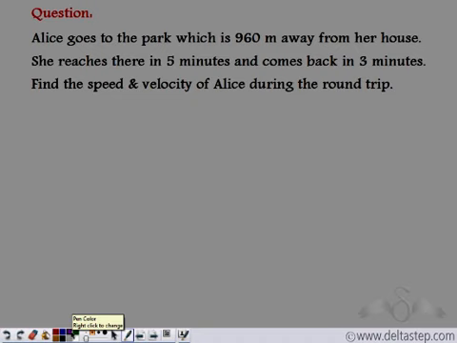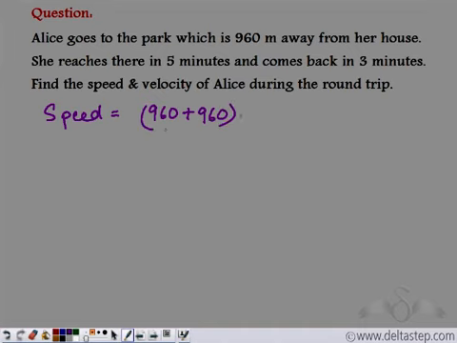Well, we know that speed is equal to distance by time. So distance traveled by Alice is 960 meters while going and 960 meters while coming back. So it is 960 plus 960 meters. And what is the time taken by Alice?